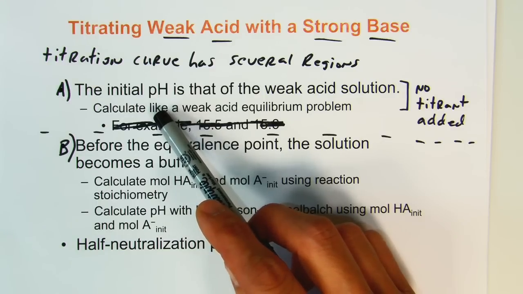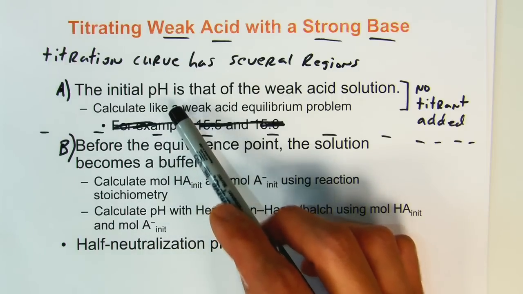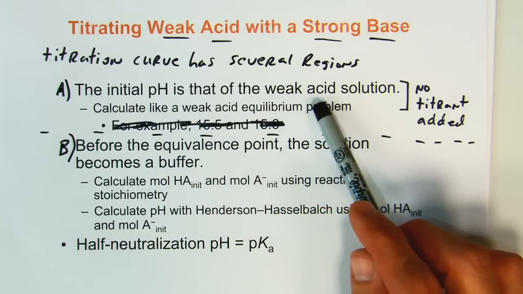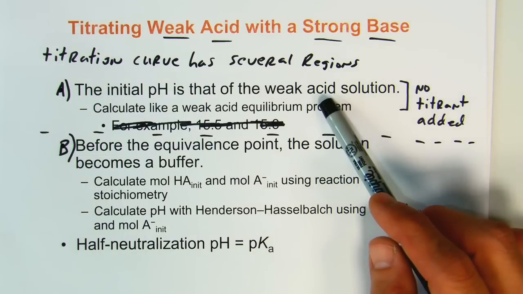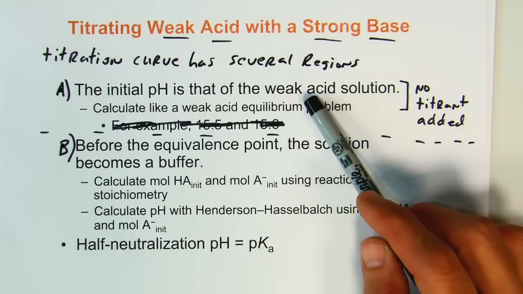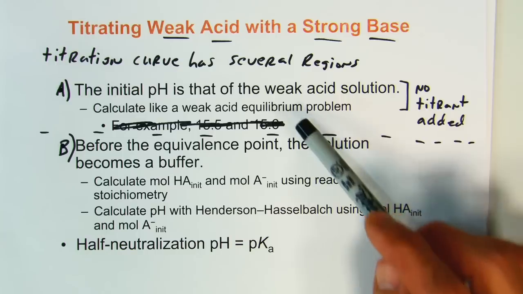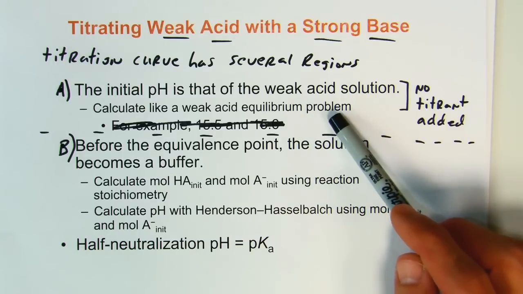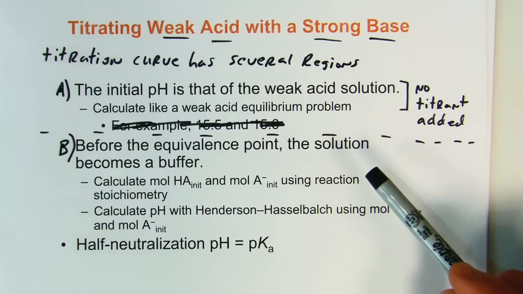So in this particular case, if we're titrating a weak acid, the weak acid is our sample, and the initial pH is just going to be the pH of that solution. There's no titrant added, so we only have the weak acid in the aqueous solution. And however good the weak acid is at donating protons is going to determine the pH. We just need to work the equilibrium ICE table, treat it like a weak acid equilibrium problem, like from the previous chapter. We'll see that in a couple minutes when we work an example.